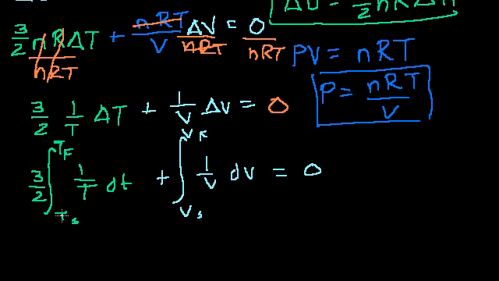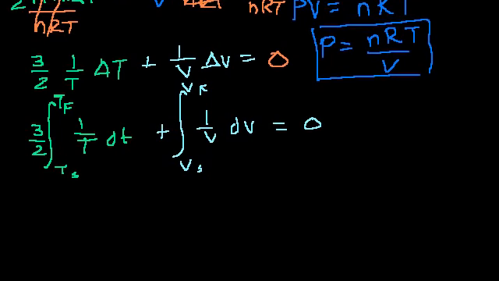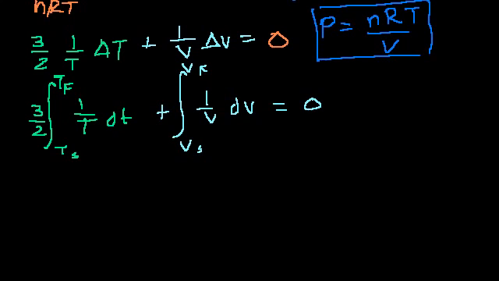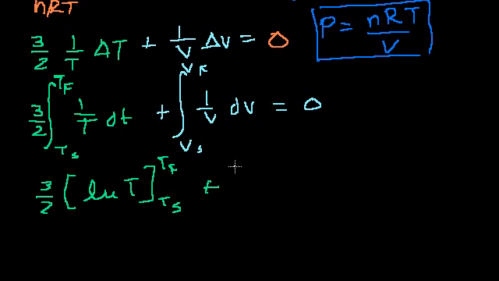Fair enough. Let's do these integrals. This tends to show up a lot in thermodynamics. The antiderivative of 1 over T is the natural log of T. So this is equal to 3 halves times the natural log of T, evaluated at the final temperature minus the starting temperature, plus the natural log of V, the antiderivative of 1 over V, evaluated from the starting volume to the final volume.